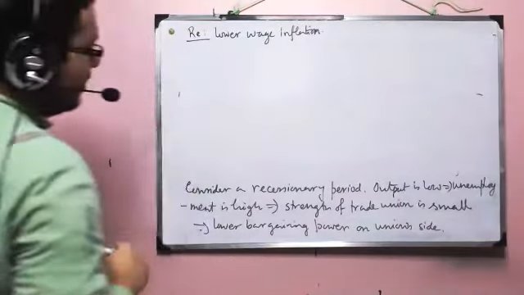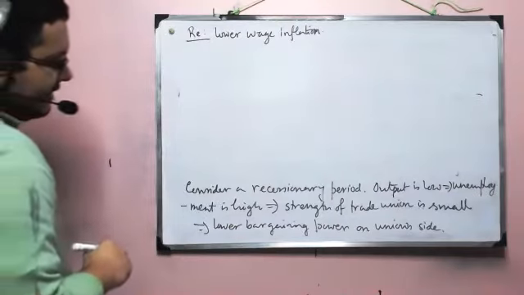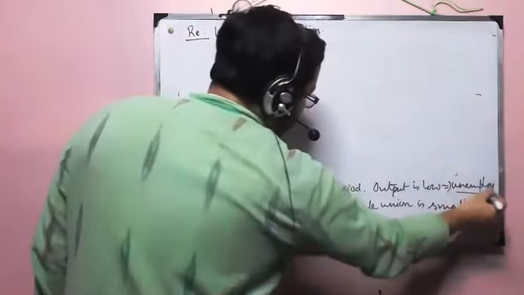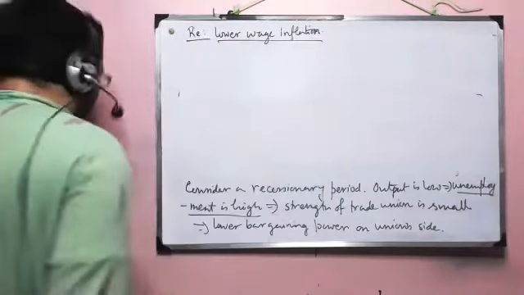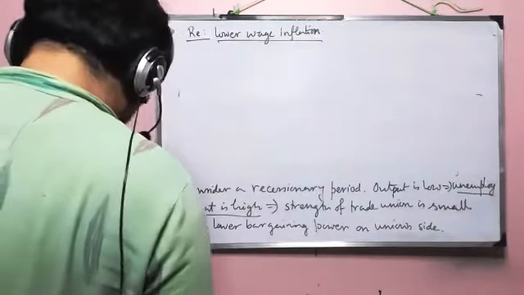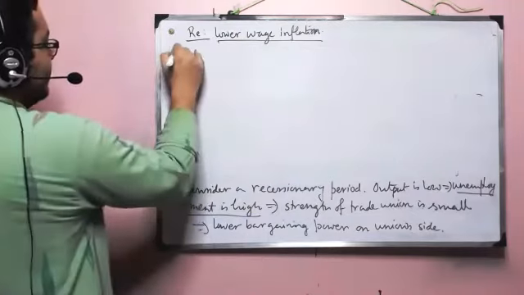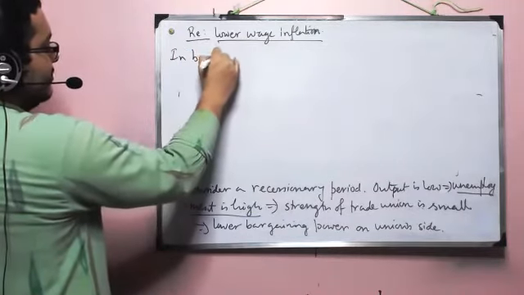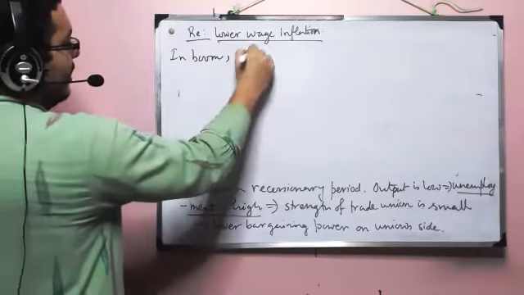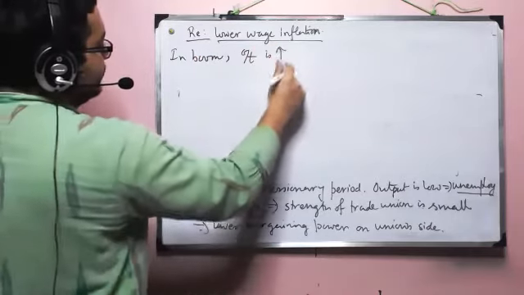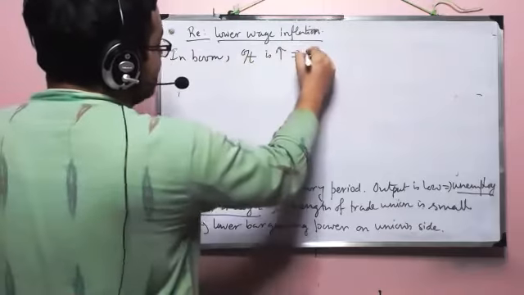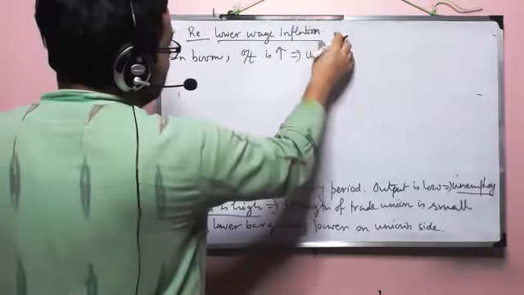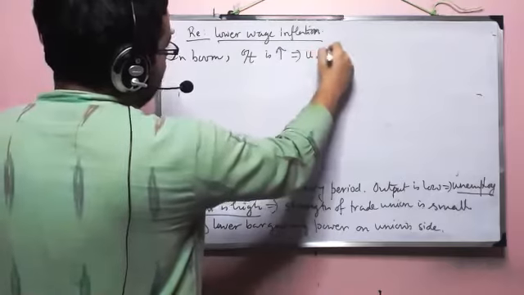That means we have connected higher unemployment and lower wage inflation. And the opposite picture occurs in boom, because in boom output is high, which implies that unemployment is low.